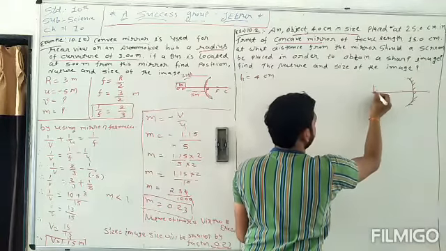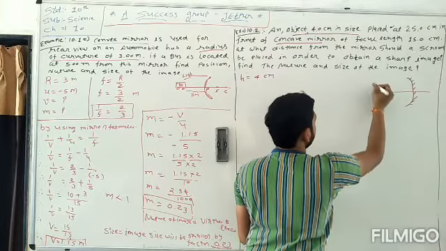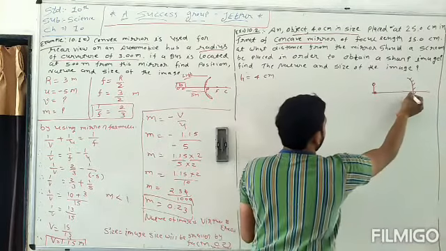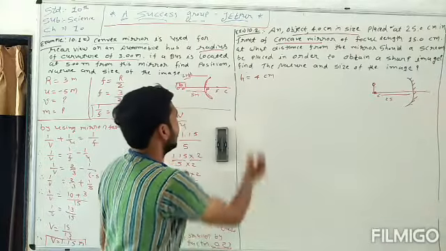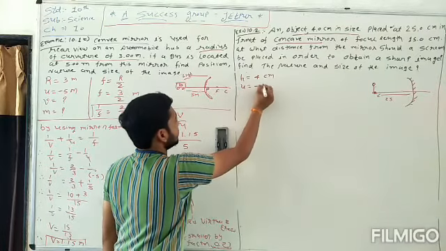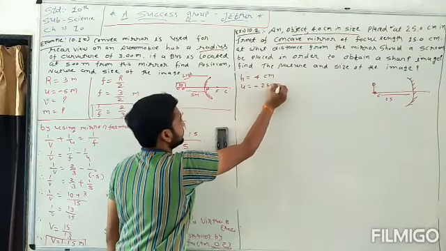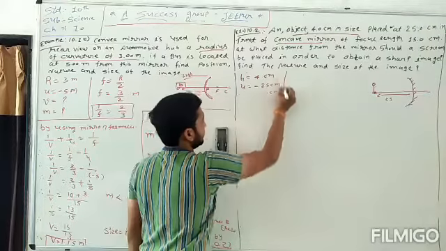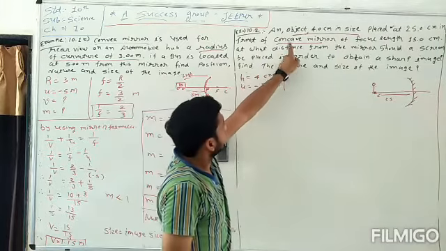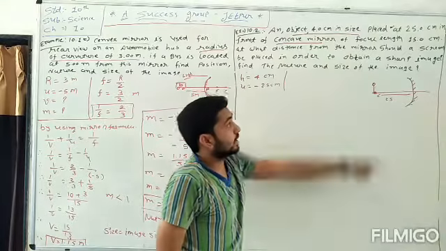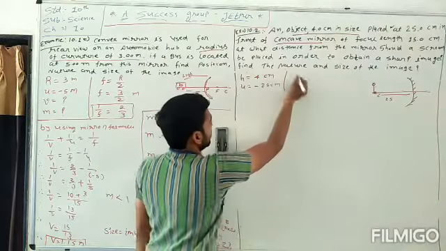At this distance the object is placed on the left side. So on the left side we use object distance negative, u is minus 25 centimeter.